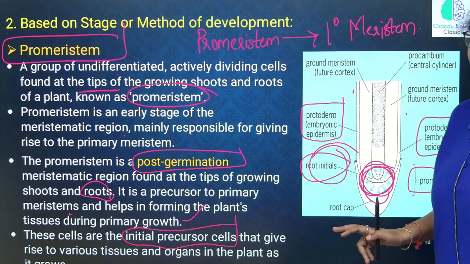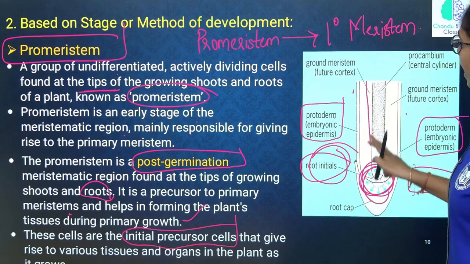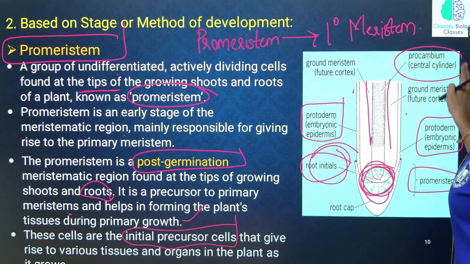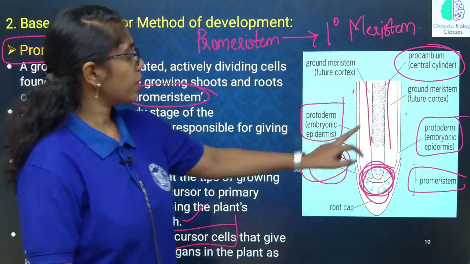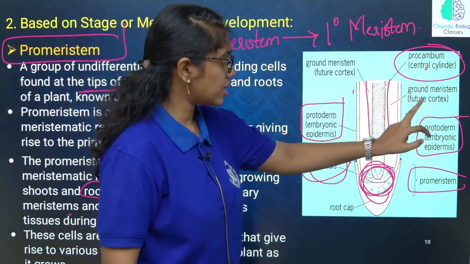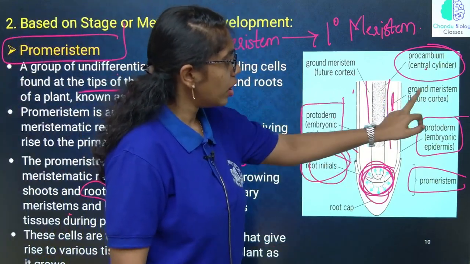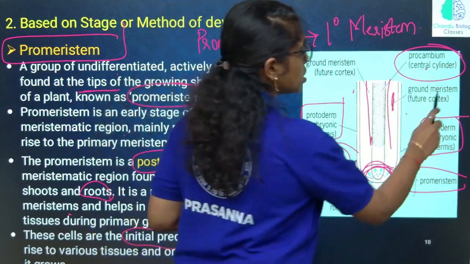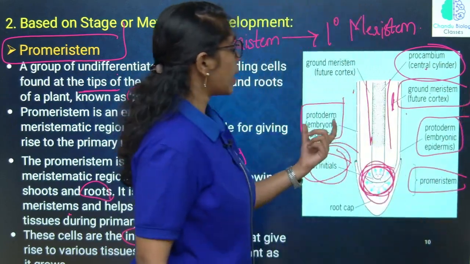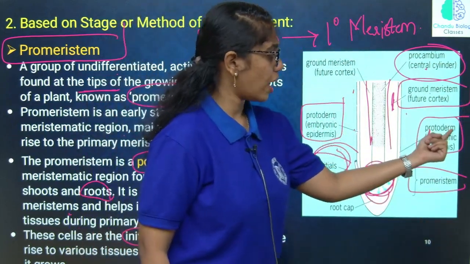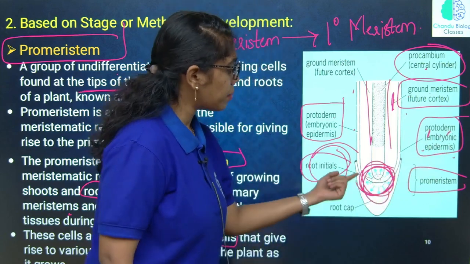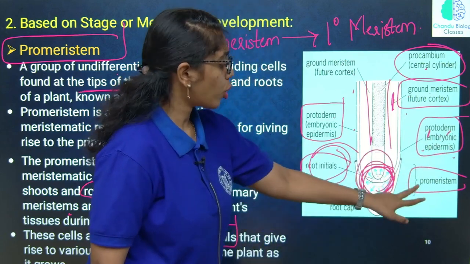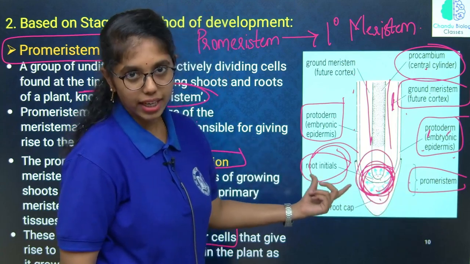At the center you can see procambium, which is the future central cylinder. After that you have ground meristem, which is the future cortex. At the peripheral regions you have protoderm, the embryonic epidermis, and at the basal region you can find promeristem, which are root initials.